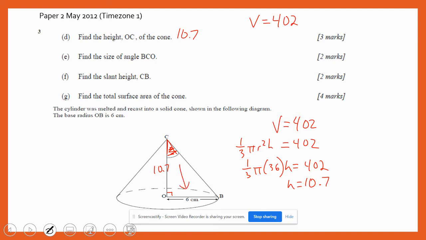We have the opposite and we have the adjacent. So opposite and adjacent is tangent. So the tangent of our angle is 6 over 10.7. To solve that, I'm going to do second tan of 6 divided by 10.7, which is 29.3.